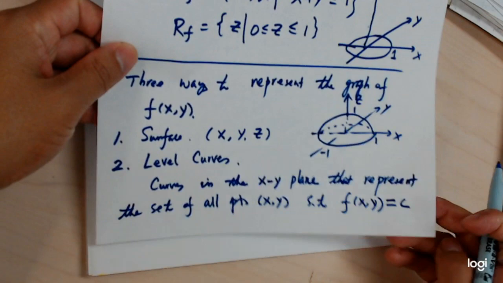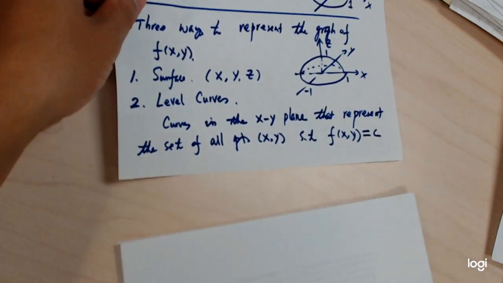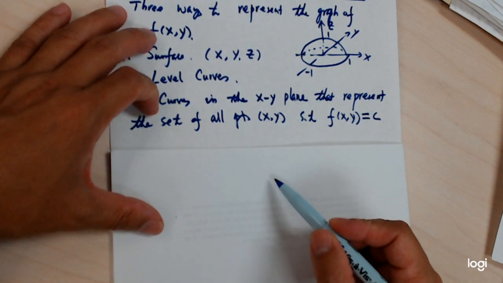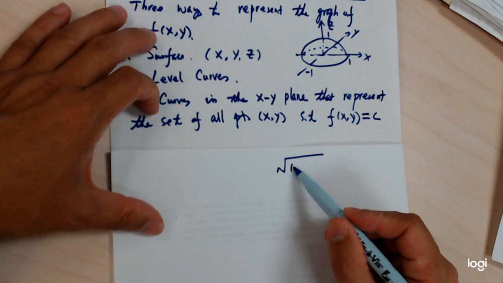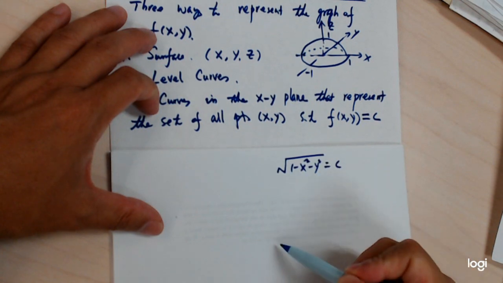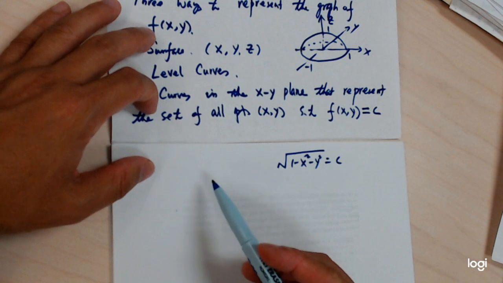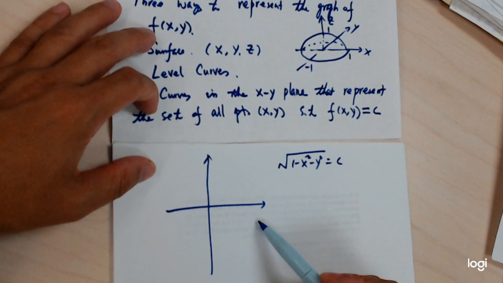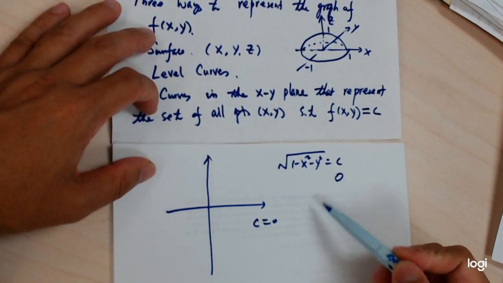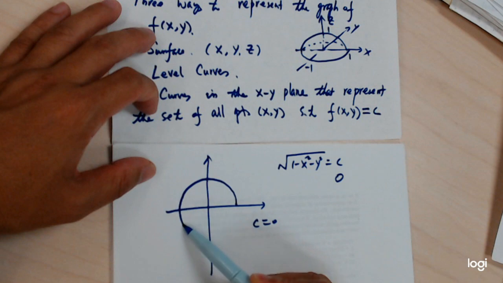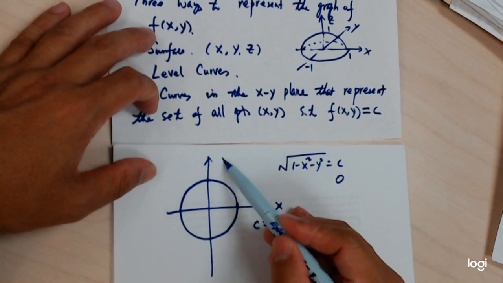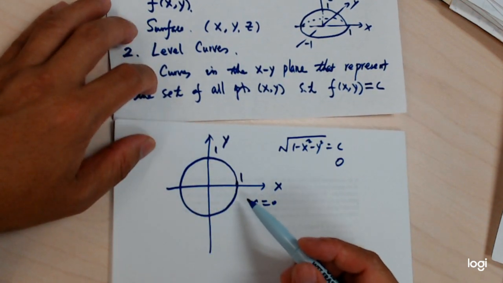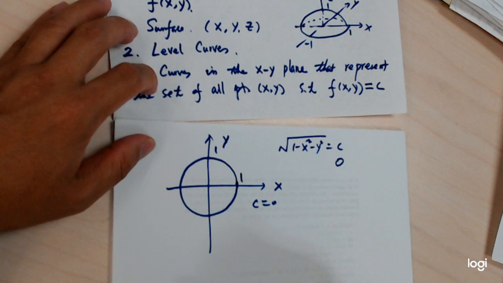With the same example, I can try to visualize this using level curves. In this case, we're looking at the square root of 1 minus x squared minus y squared equal to some constant c. By picking different c, I can plot all those curves. For example, if c is 0, you are looking at a unit circle. Along this unit circle, the level is 0.